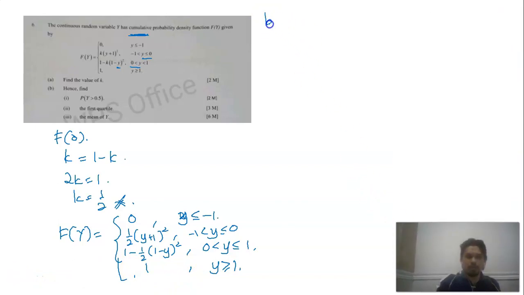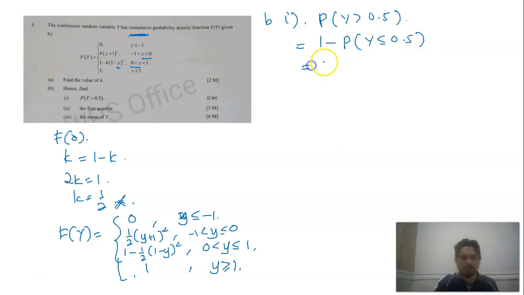So for B1, find the probability of y greater than 0.5. For this one, just imagine that the probability is equal to 1 minus the probability of y less than or equal to 0.5. So then 1 minus f of 0.5. For 0.5 lies between -1 and 0.